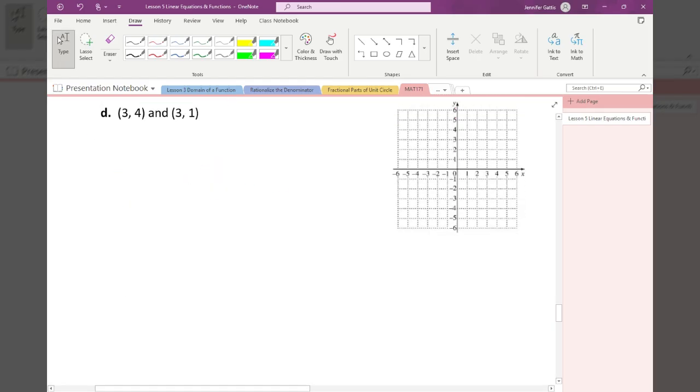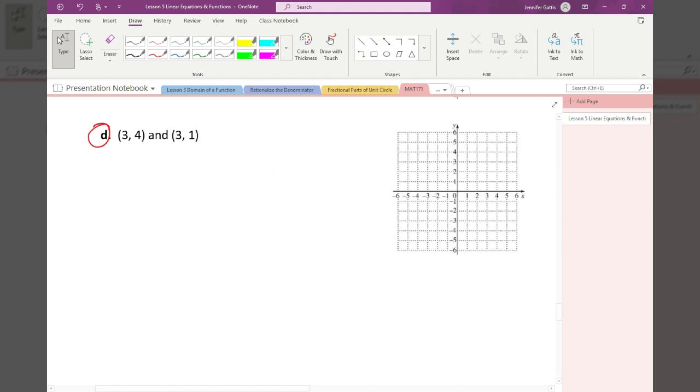And now take a look at D and see what you think the slope would be. So we're going to consider how much does the y change? How much does the x change? Well, the y goes down 3. The x doesn't change. So doing this the algebraic way with the formula, 1 minus 4 over 3 minus 3 gives you -3 over 0.